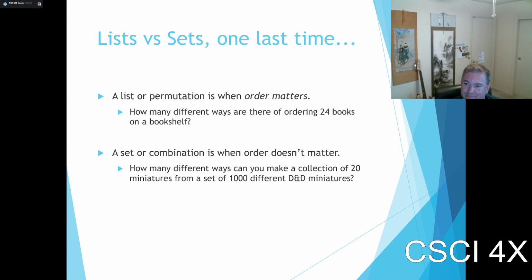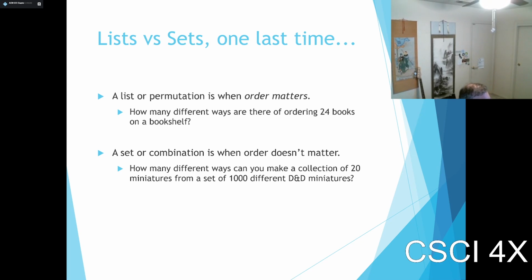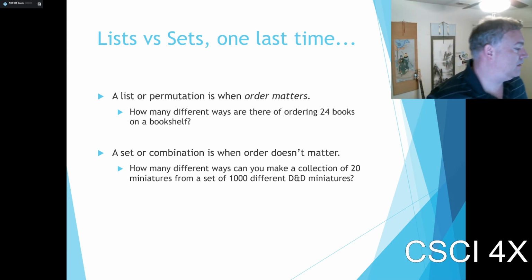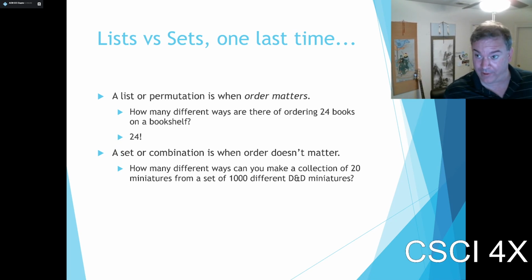What do you think? Yeah, you're right, 24 factorial. There's 24 you can put in the first slot. There's now 23 remaining for the second slot, 22 remaining for the third slot. So it's 24 times 23 times 22, and so on.